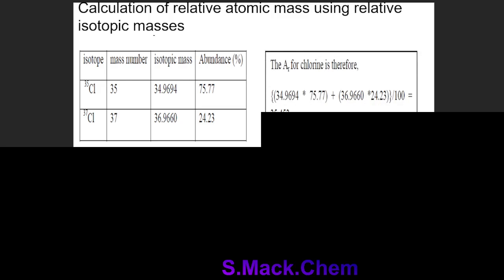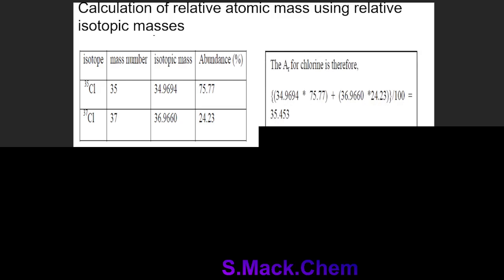So we are going to multiply the relative isotopic mass of the chlorine 35 isotope by its abundance. We're going to add that to the relative isotopic mass of the chlorine 37 isotope by its abundance.